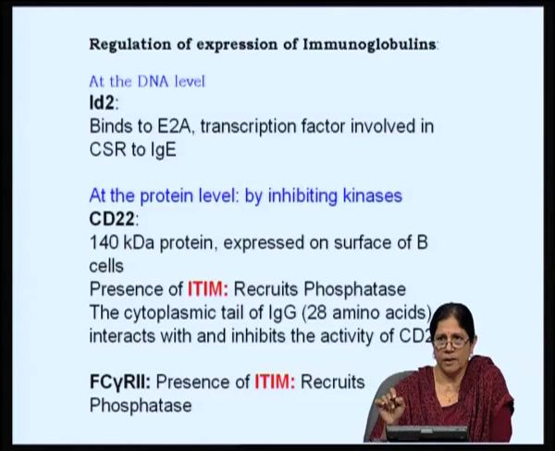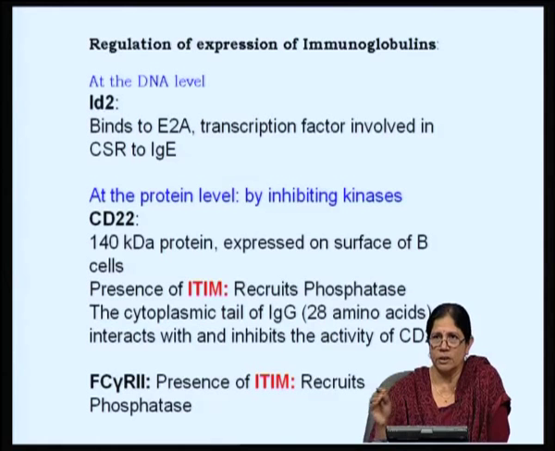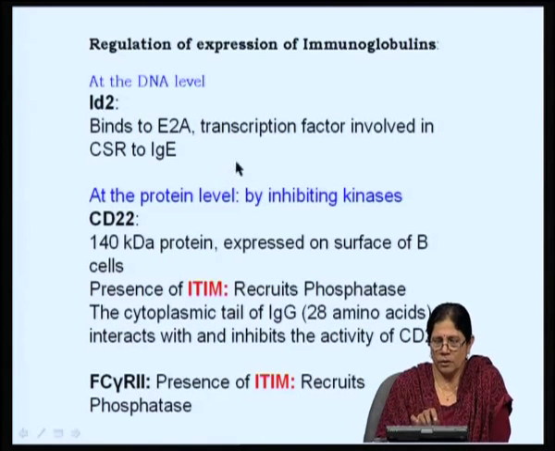Let us say one is infested with worms, then there are factors which allow the class switching to take place from IgM to IgE. Now, this happens through transcription factors called E2A, which bind to the switch region of IgE, making that available now to undergo class switching.